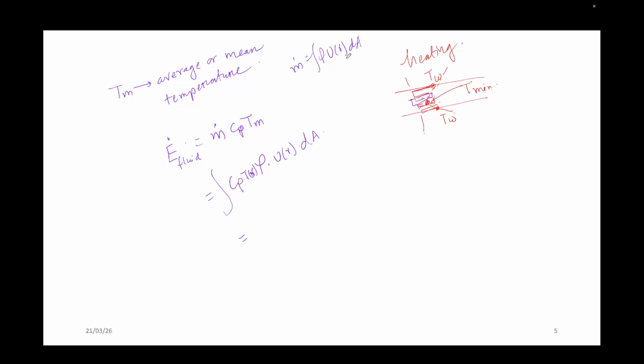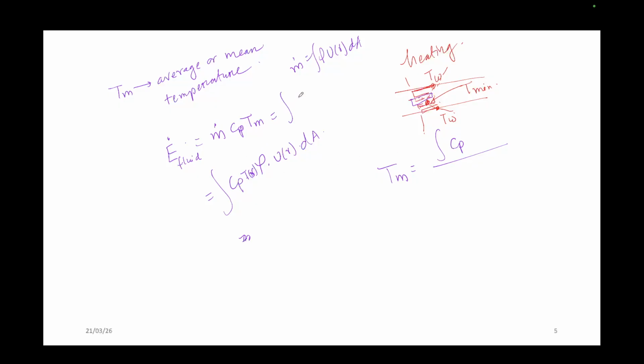Another way to find it out is, if you know the value of u average, you can directly put the value of u average here. In this way you can also do it, but this is the fundamental approach. Similarly, like the previous way, if you have to find the T mean, it should be the integration of this one by only this one, m Cp.